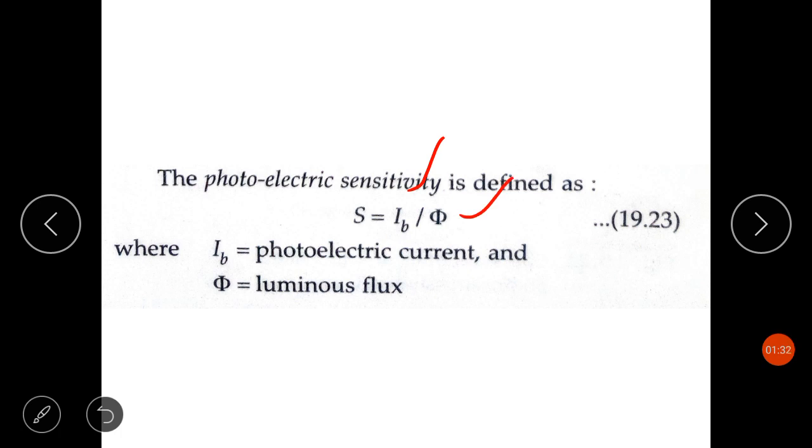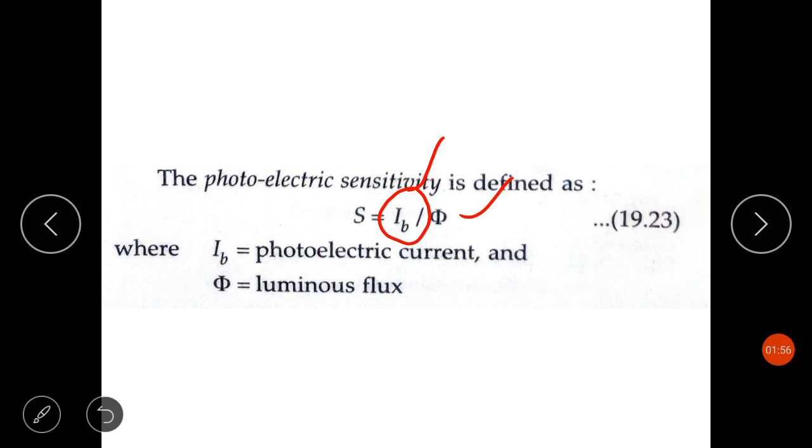What does the photomultiplier tube do? It amplifies the output photoelectric current to a very large extent, even for a very low level luminous light intensity.